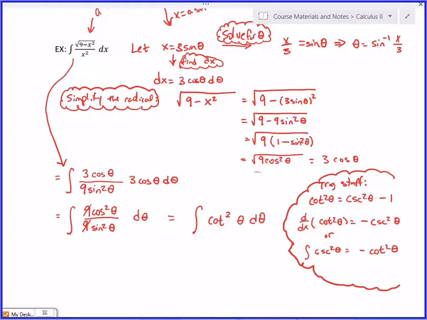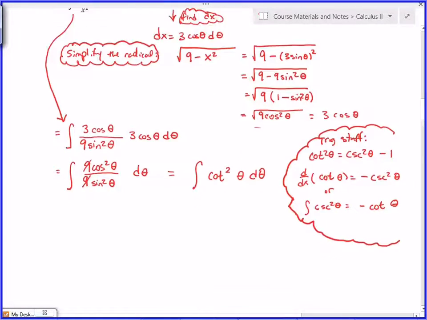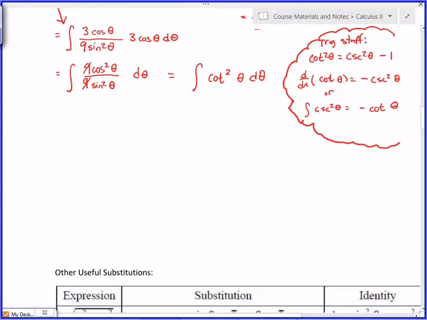And that's not squared. That's my error. This should not be squared there. Sorry. I should say the derivative of cotangent is negative cosecant squared, and the integral of cosecant squared is just negative cotangent. Okay? So that's my little trick, is to use the identities to get me to something I can integrate.